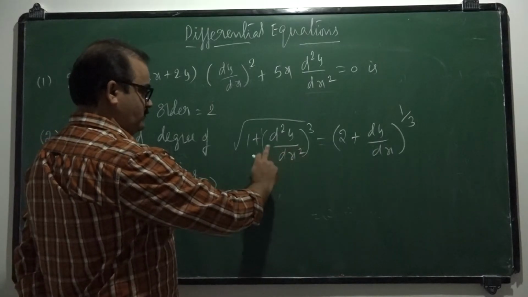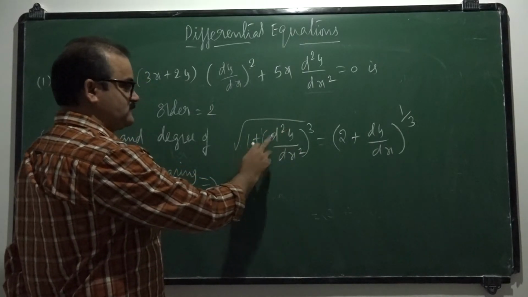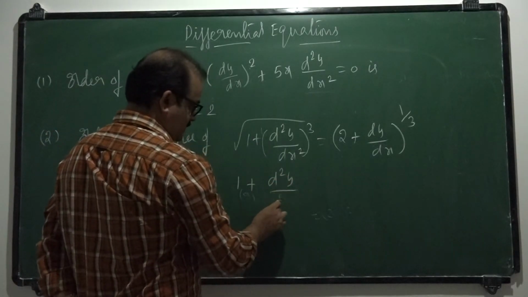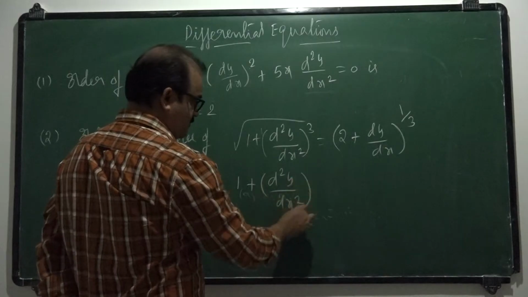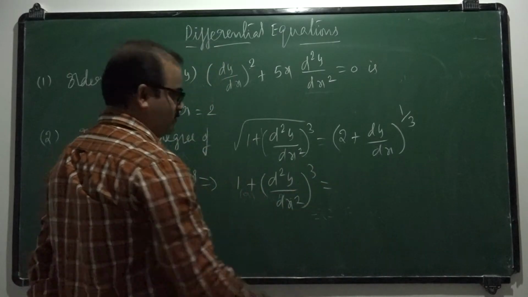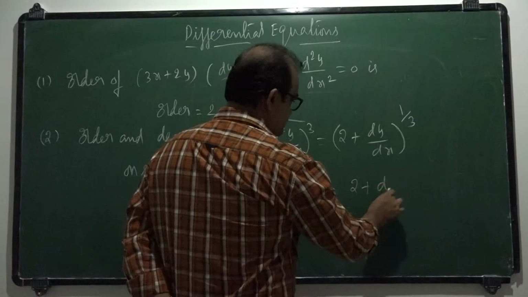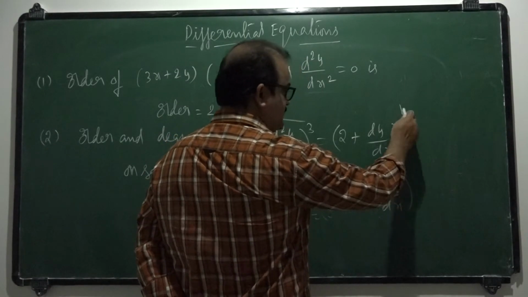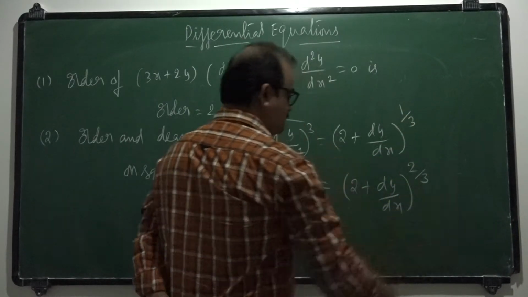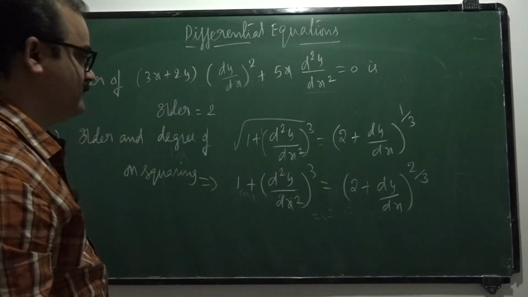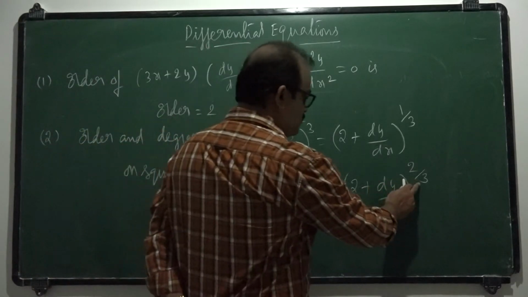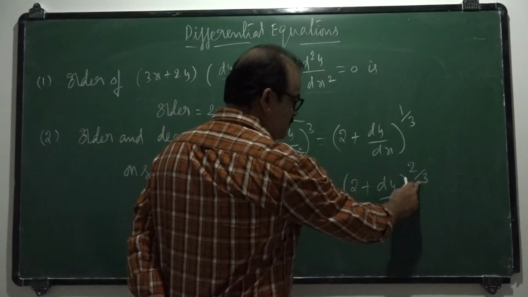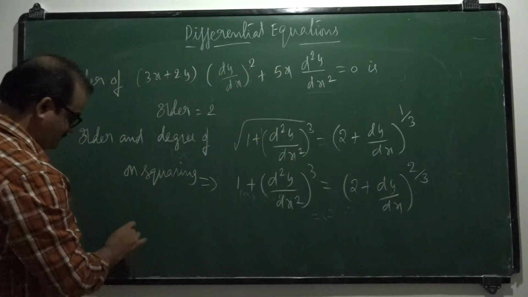So, to remove the square root, squaring on both sides, 1 plus d square y by dx square whole cube is equal to 2 plus dy by dx whole to the power of 1 by 3, whole square, that is, 2 by 3. Again there is a cube root on the RHS. To remove the cube root, cubing on both sides.